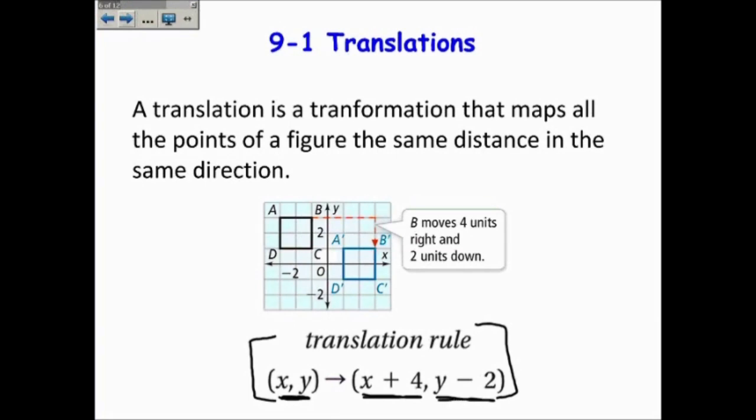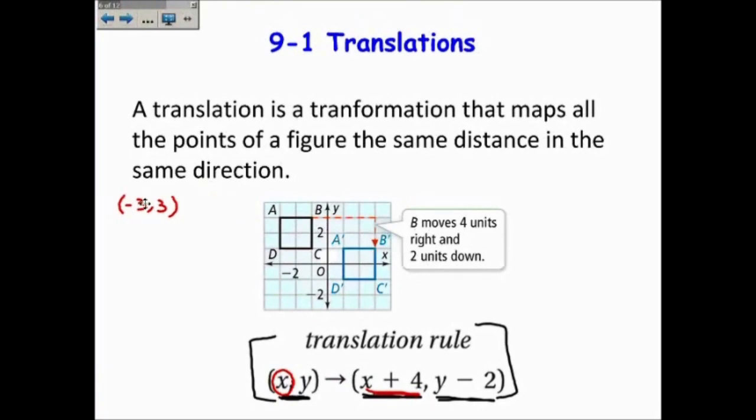Okay, just so you understand what that means, the point A right now is at -3, +3. Now if I take this rule, where now this is the x, if I add 4 to my x, -3 plus 4 is +1. Okay, so I get +1.